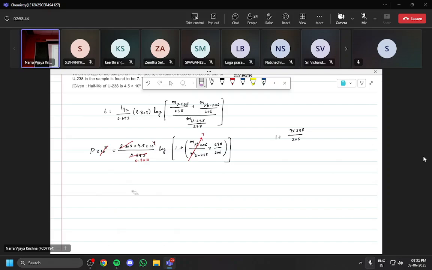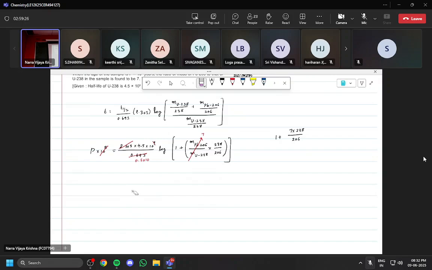Log 9 into 45 divided by 3 into 2 into 2. What do you get? 450 by 3, 4.5.